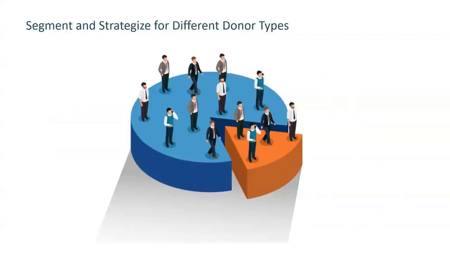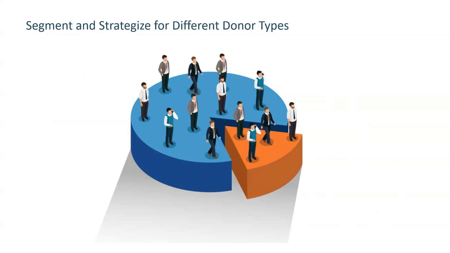When it comes to fundraising, I think we can all agree that personalization is the key. You wouldn't talk to a 10-year-old in the same way you would communicate to a 30-year-old, right? So it's that same concept with your database and your donors.